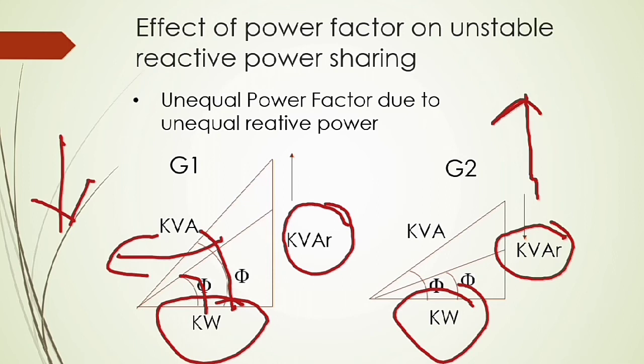Because of this, generator 1 has large reactive power and generator 2 has low reactive power, because the total reactive power must be constant. In that case the power factor angle increases in G1, so the power factor decreases, and the generator 2 power factor will increase.